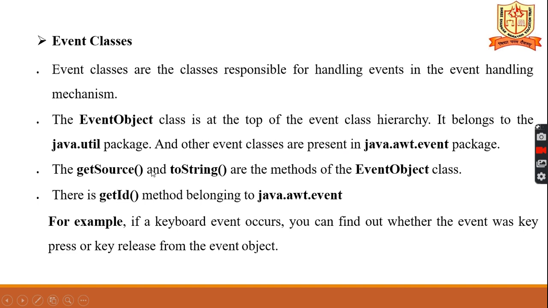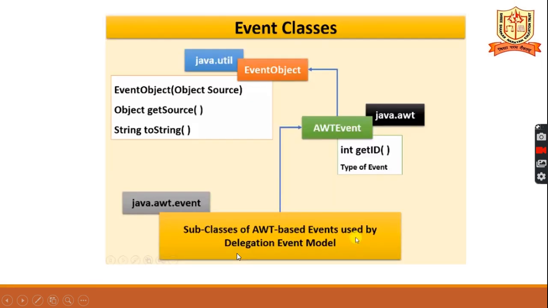The getSource and toString methods belong to the EventObject class. There is a getID method belonging to the AWTEvent class. For example, if a keyboard event occurs, you can find out whether the event was a key press or key release from the event object.